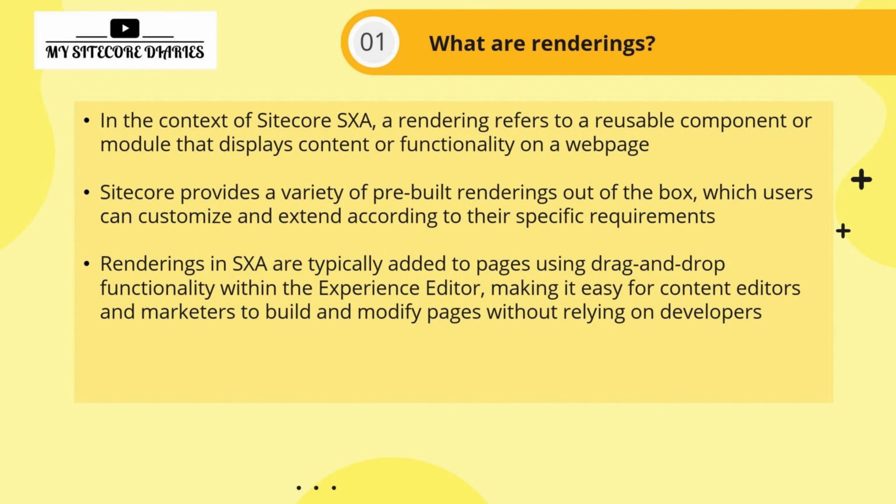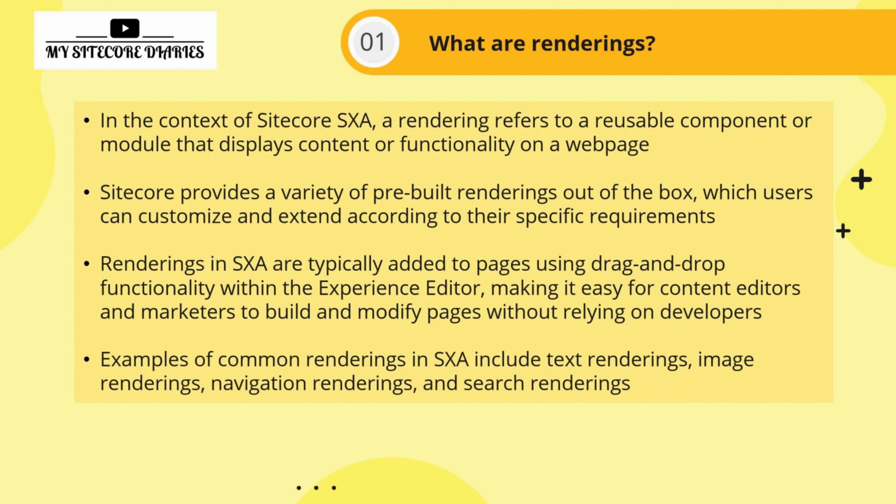Renderings in SXA are typically added to pages using drag and drop functionality within the experience editor, making it easy for content editors and marketers to build and modify pages without relying on the developers. So the marketers and the content page designers or content editors can build their own page by using those renderings, and they can use the drag and drop functionality, and they can design a complete page without the help of the developers in the experience editor.